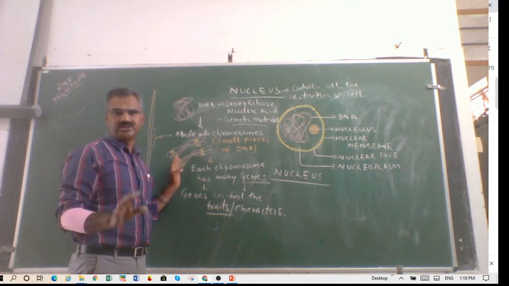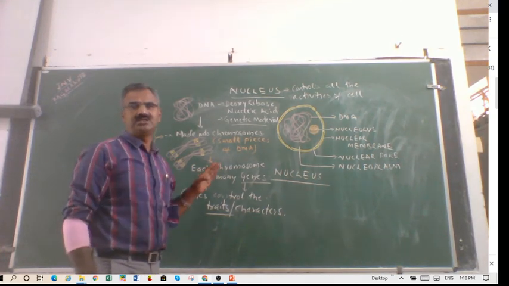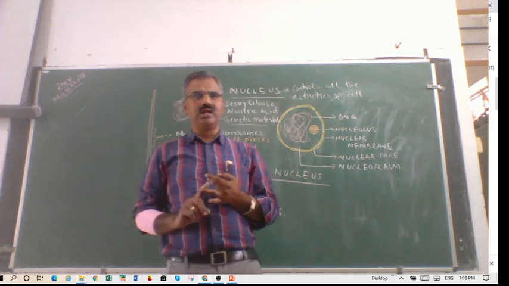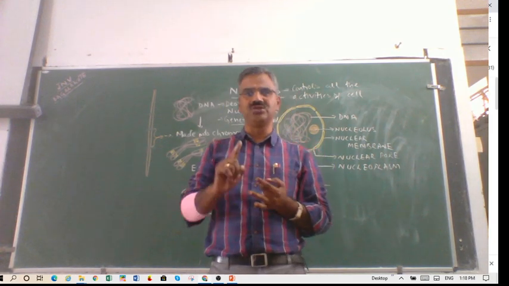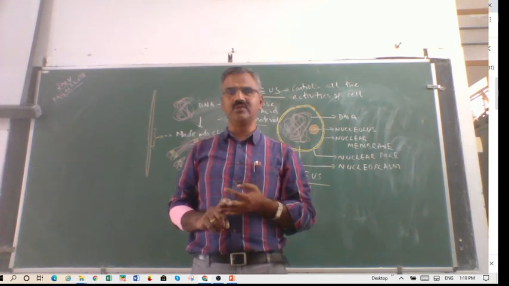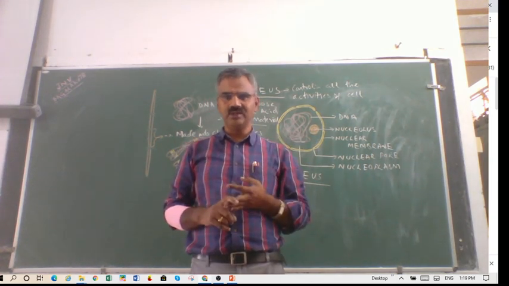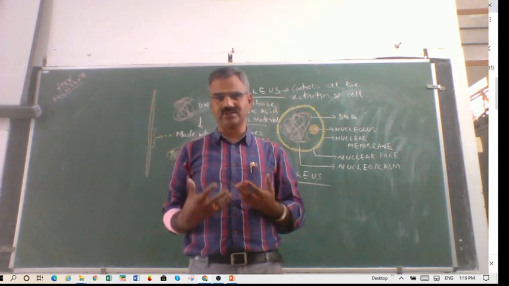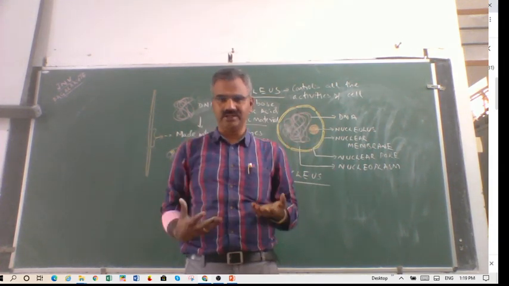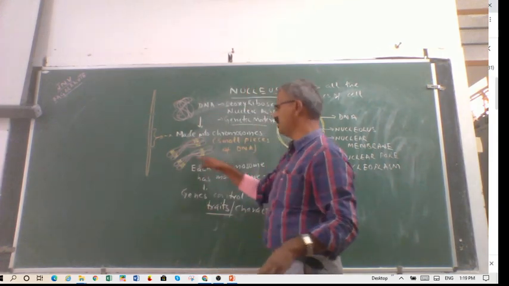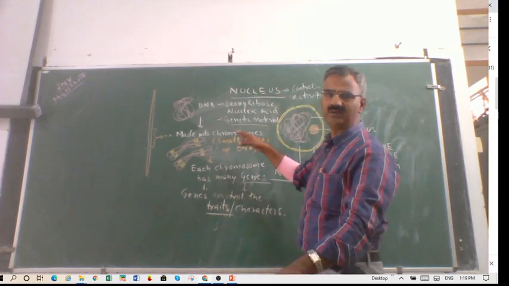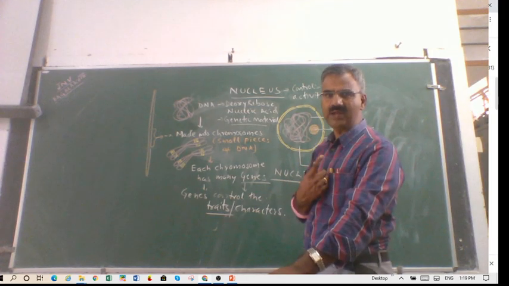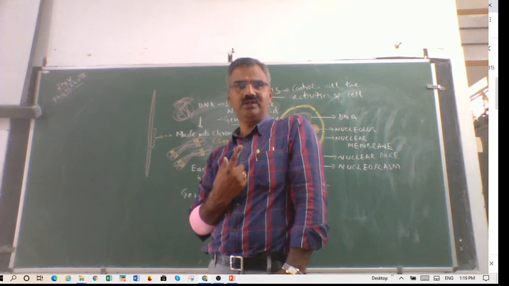Suppose 1000 genes are present: the gene responsible for height, the gene responsible for secretion of salivary juice, the gene responsible for skin color, the genes for our other characters, whatever character you take. And in human beings, in each cell we have 30,000 genes.